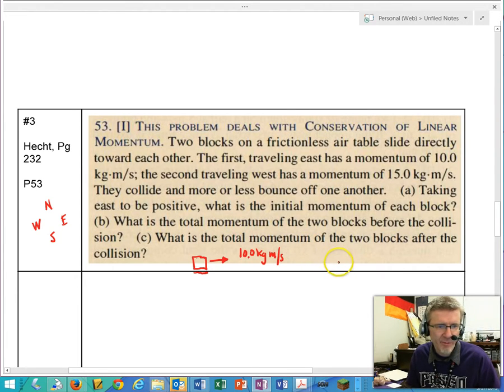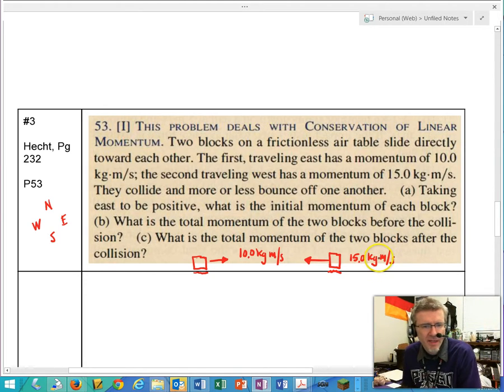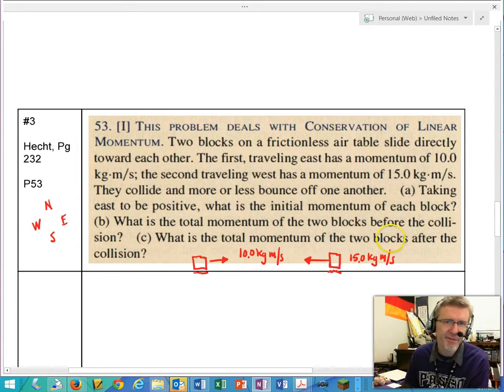The second one traveling west has a momentum of 15.0 kilogram meters per second. So that one's going this way. Taking east to be positive, what is the initial momentum of each block? What is the total momentum of the 2 blocks before the collision? And what is the total momentum of the 2 blocks after the collision?